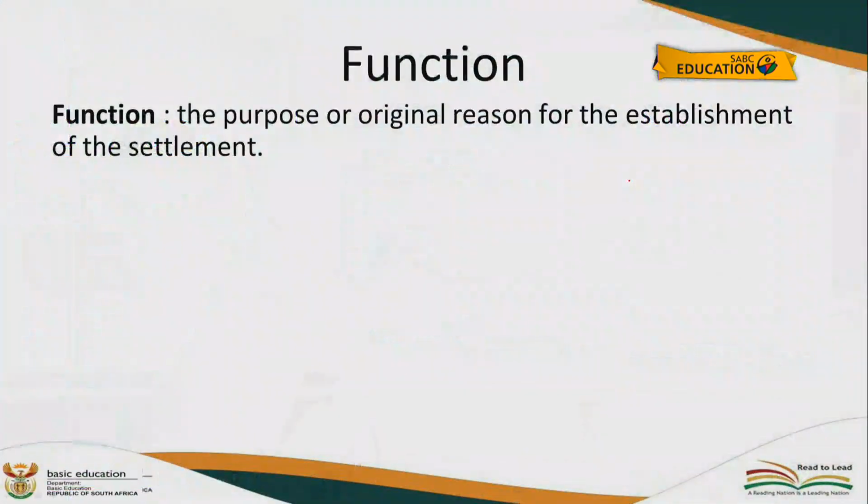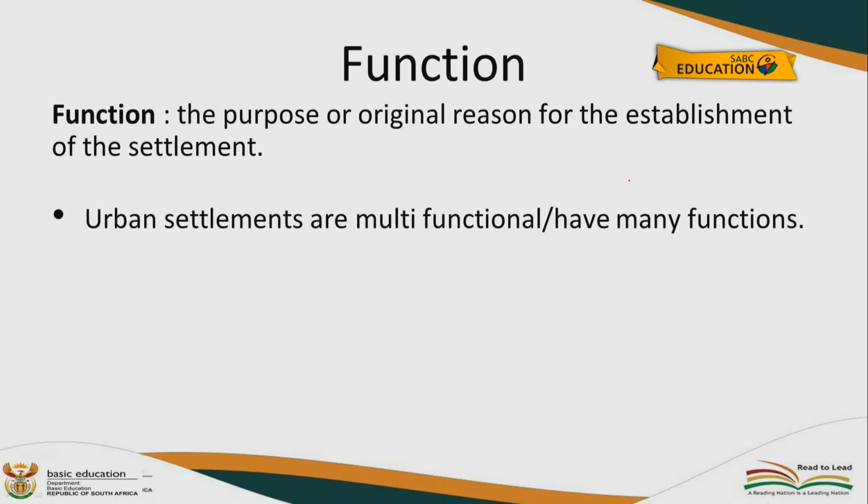So that is why I said the purpose or original reason for the establishment of a settlement, which means function, is the core that will make us see that we are developing, because there is a change from that original function.